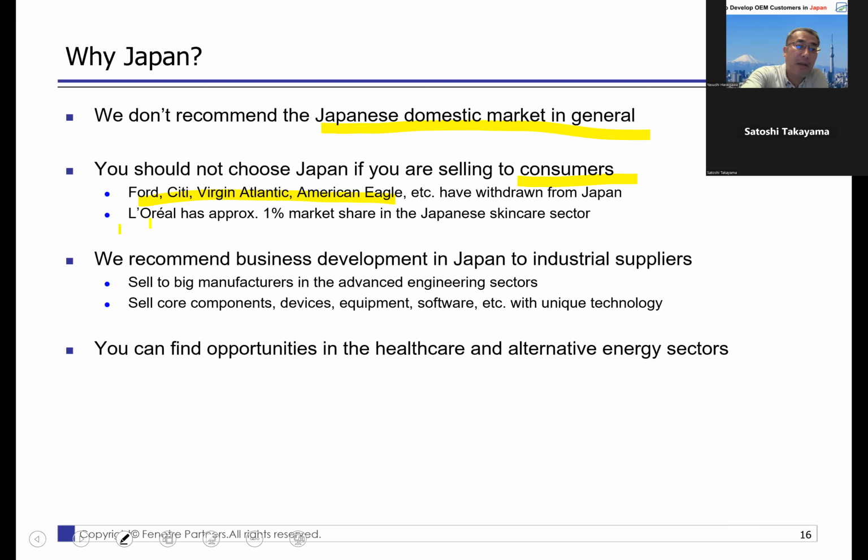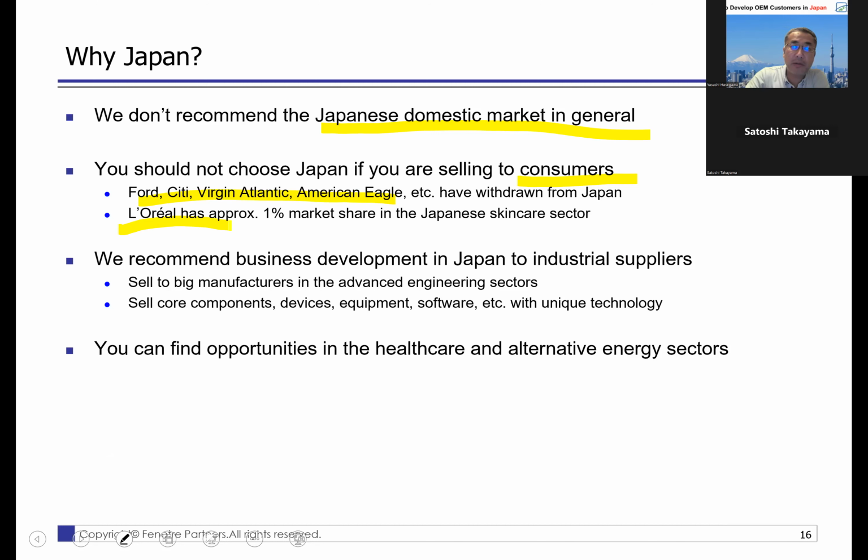The biggest cosmetic company in Europe, L'Oreal, I think withdrew from Japan a few years ago from the skincare sector. So it's a really tough market for consumer goods players.